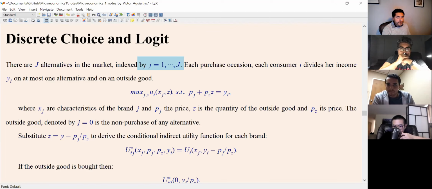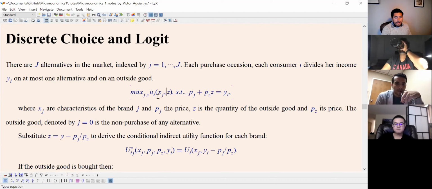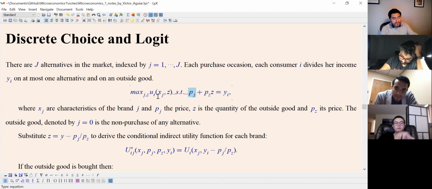And then the problem of the consumer is going to be maximize utility. And this utility is indexed by the individual, of course. So each individual has their own utility. And now I also have this price that is indexed by J. What is J? J is the index of the good, one of the items in the choices, for instance, one Honda Civic of make 2000, right?